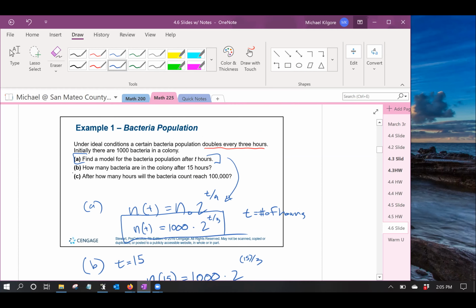Are you ready? Here's our model. Remember our model. So our model is that it starts with 1,000 and doubles every 3 hours.